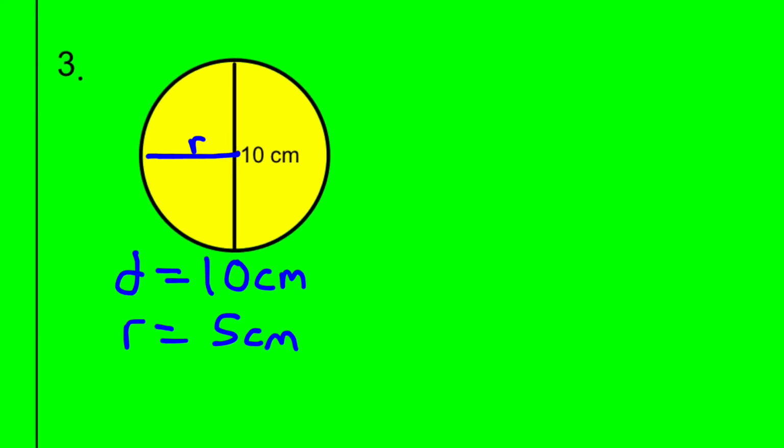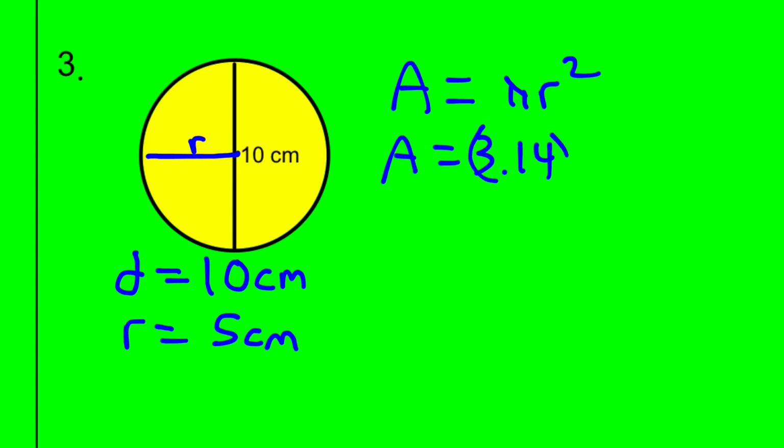And now we can use our math equation. Area equals pi times the radius squared. Area equals 3.14 times 5 to the power of 2. Remember, 5 to the power of 2 means 5 times 5.